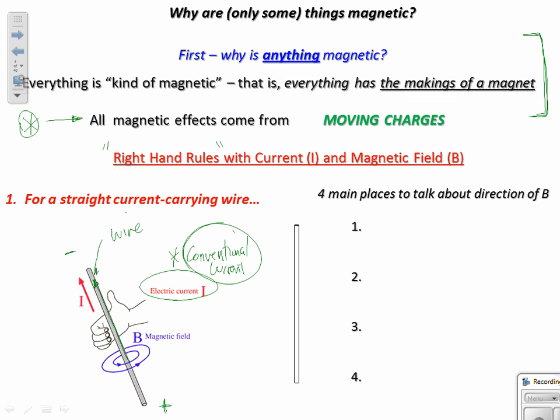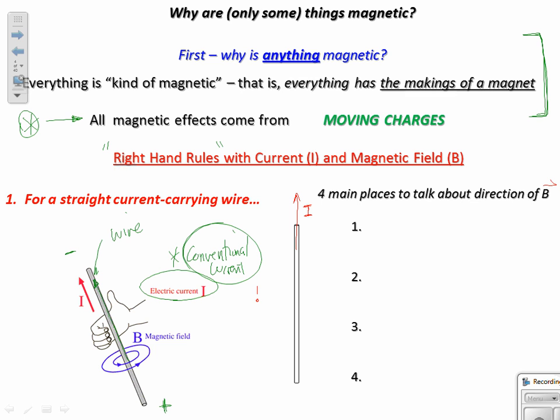So we put our thumb in that direction. If we want to look at the magnetic field, we take our fingers and we wrap them around the wire. And our fingers point, at any location, in the direction of magnetic field. Let's say, in this example here, that conventional current goes that way. Well, we'll talk about the direction of magnetic field at four places.